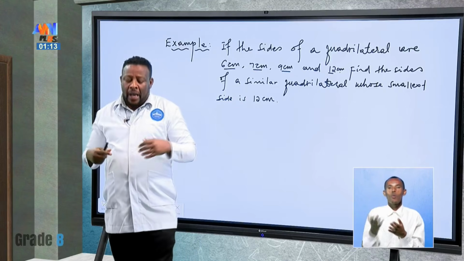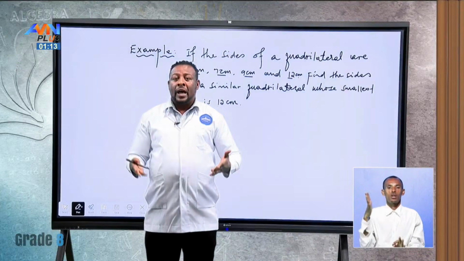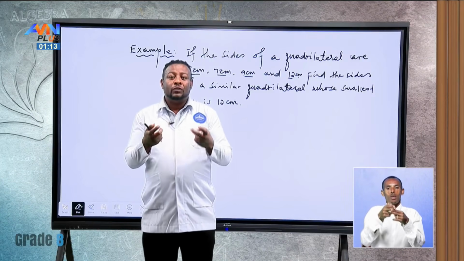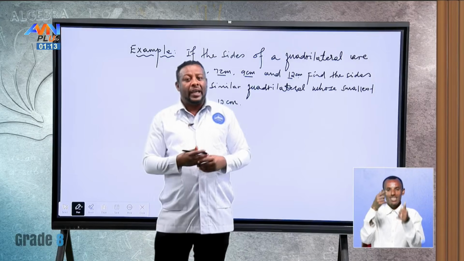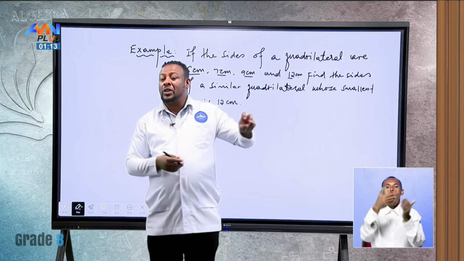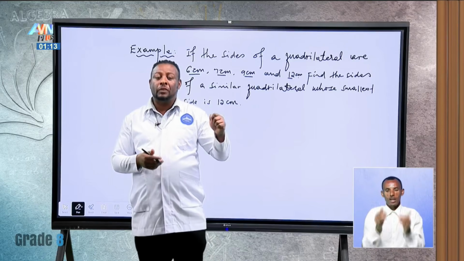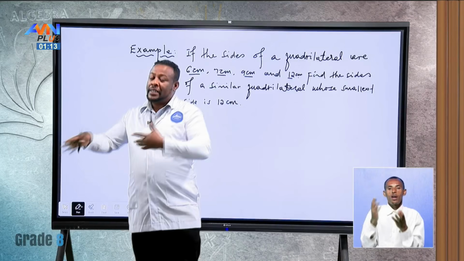Well, to remind you what the definition looks like, two polygons are said to be similar if two conditions are satisfied. The first one is that all pairs of corresponding angles must be congruent. This is the first condition that should be fulfilled to say the two quadrilaterals are similar.